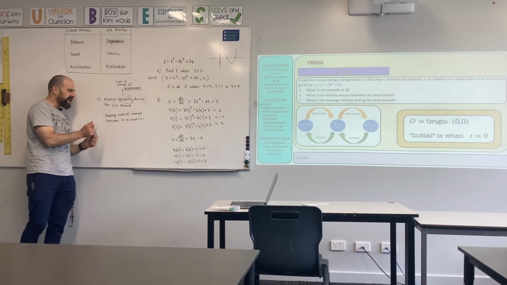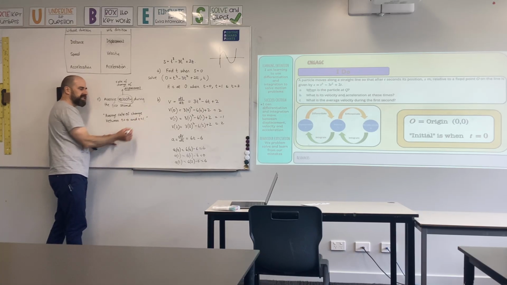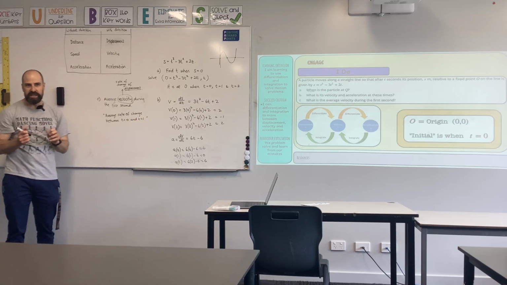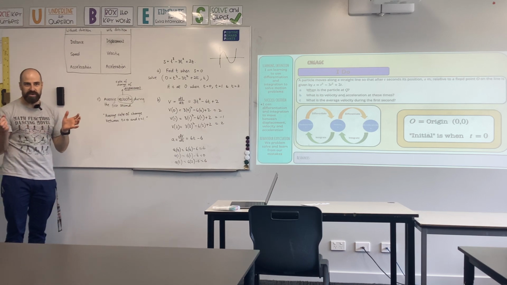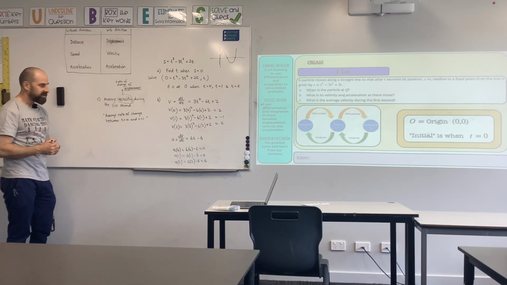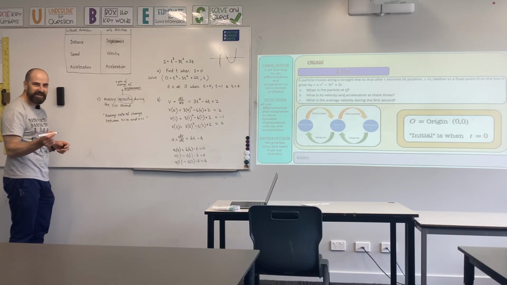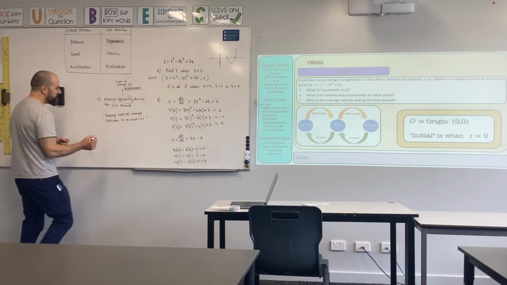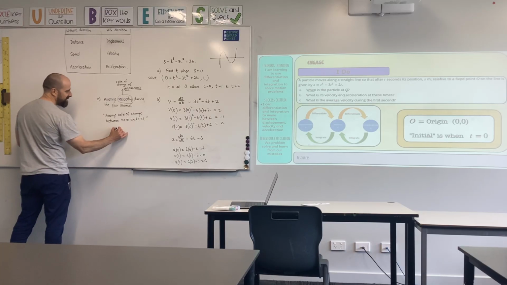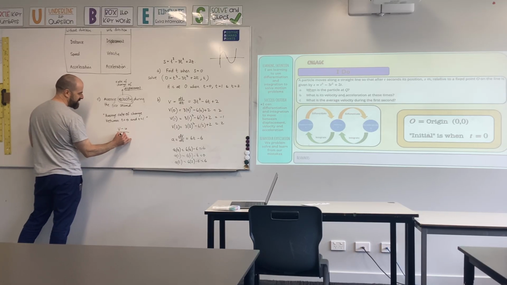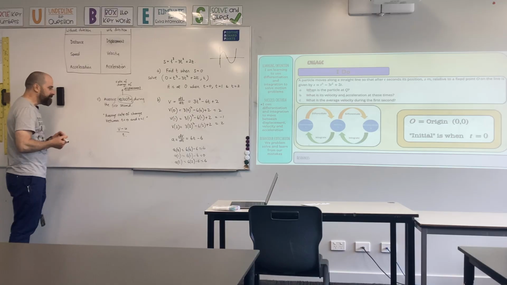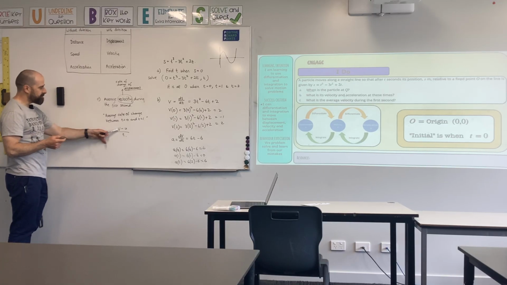Who remembers how we find the average rate of change? We did this just before the holidays in that short unit, and then I said holiday homeworks to do those practice questions. V take u over t. So if you know physics, V take u over t. What's V?